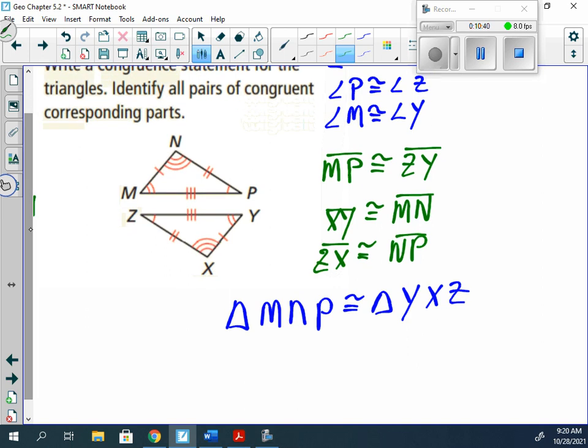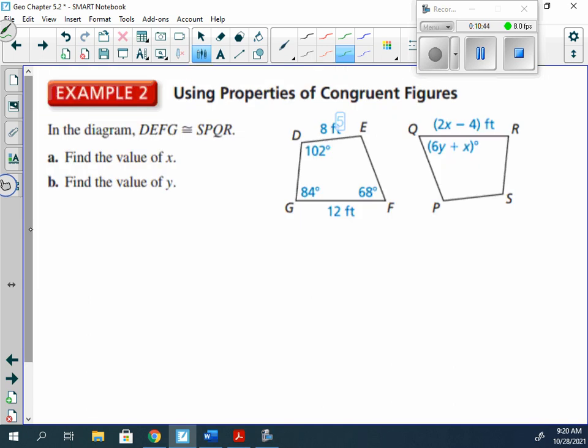Any questions on this here? Let's use this property of what we just learned. Now, from a corresponding statement, here in the diagram, DEFG is congruent to SPQR. So it tells us what lines up, because that order matters.